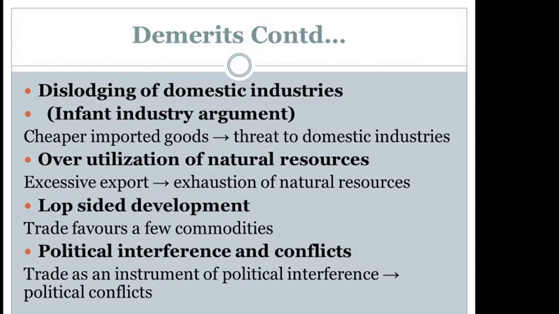The domestically produced goods may not find market. So these industries in course of time may be driven out of market, resulting in dislocation and unemployment of resources. So this is the famous infant industry argument, an argument against international trade.